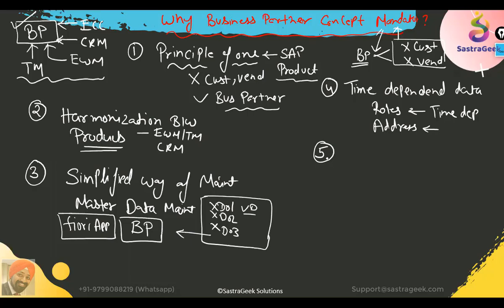Then the another reason is easy adoption to advanced modules. Within the ECC also, there are some add-on modules, let's say FSCM, financial supply chain management.